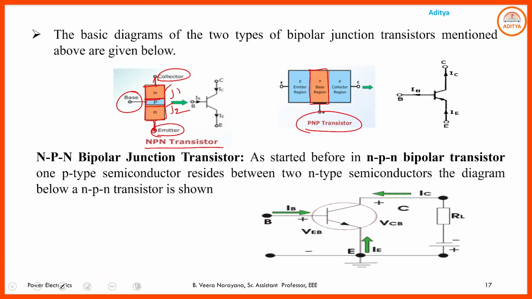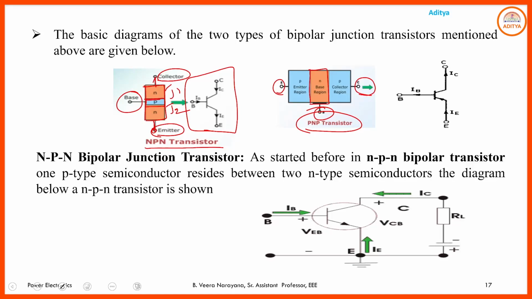The outer two P layers are called the emitter and the collector, and the middle region is called the base.